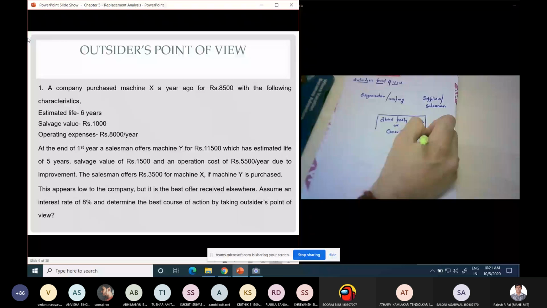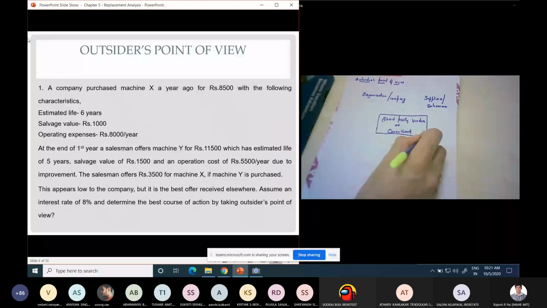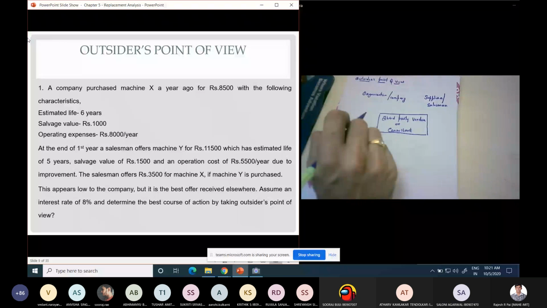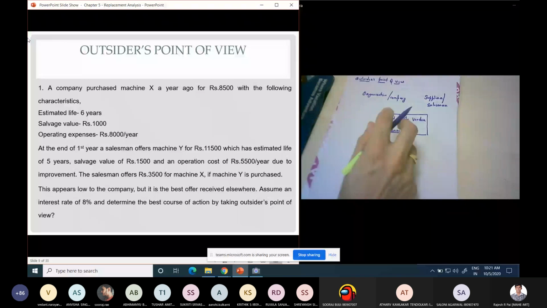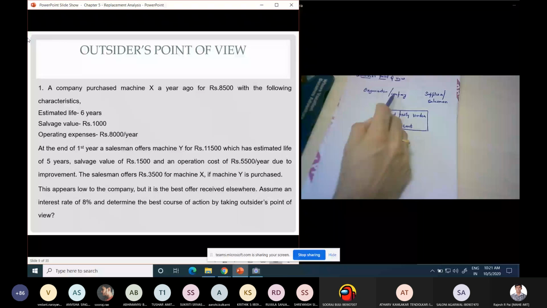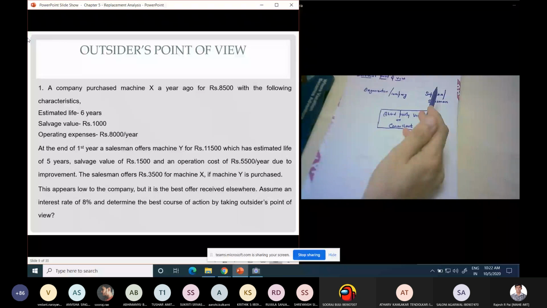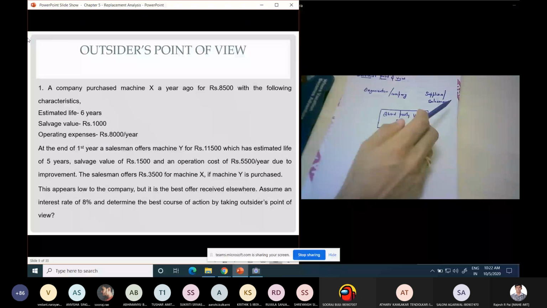Earlier, all the numericals which we have solved considered only two components: the organization and a supplier, or an organization and a bank or a financial institution which gives them a loan for purchasing the asset or for their day-to-day operation. That we have studied.